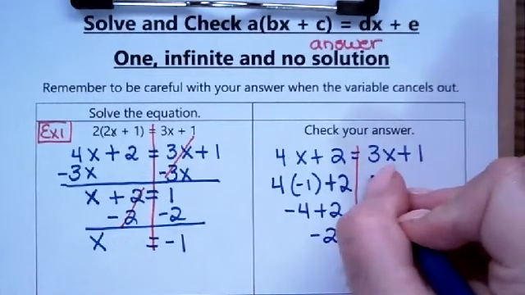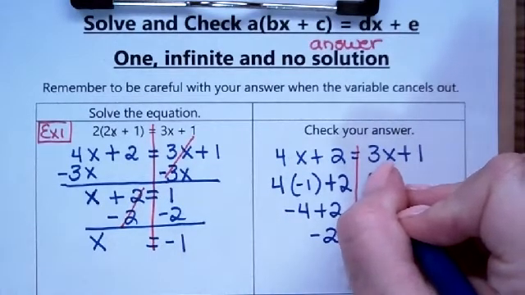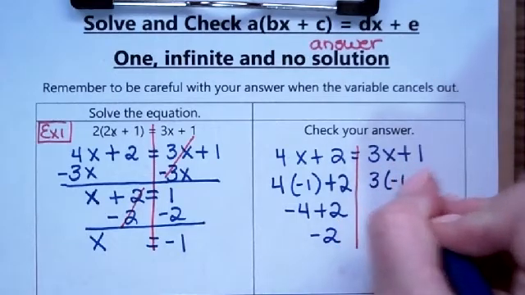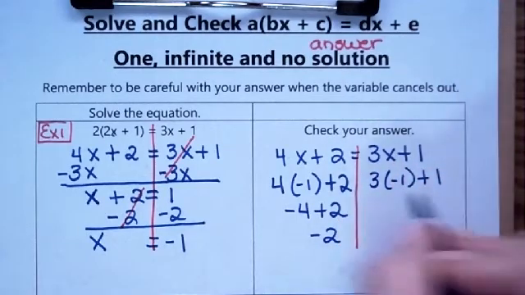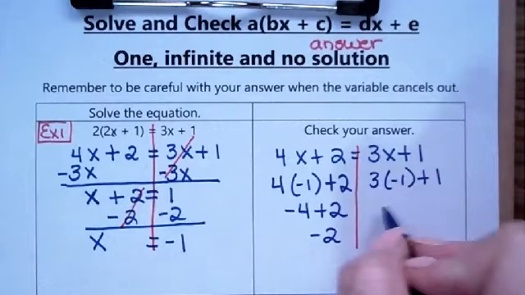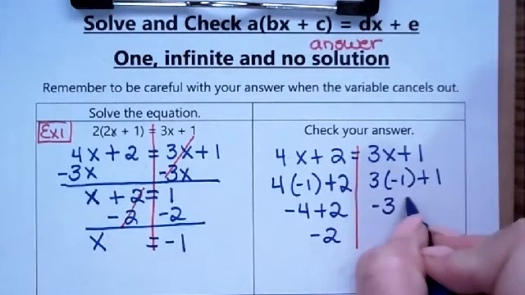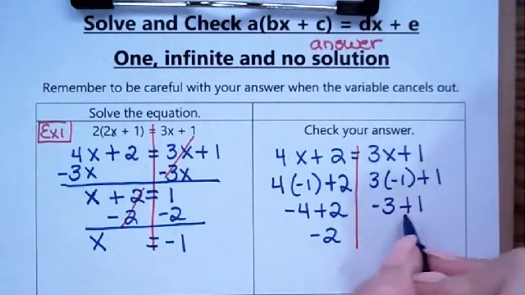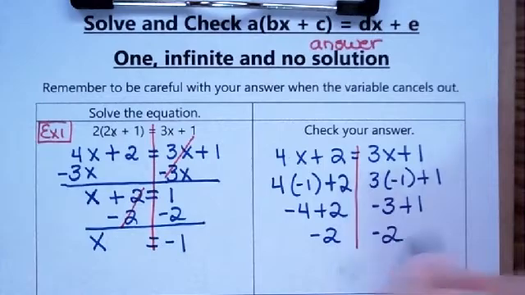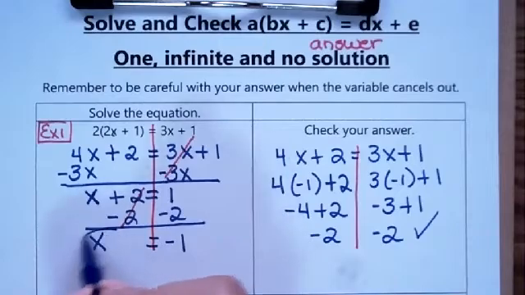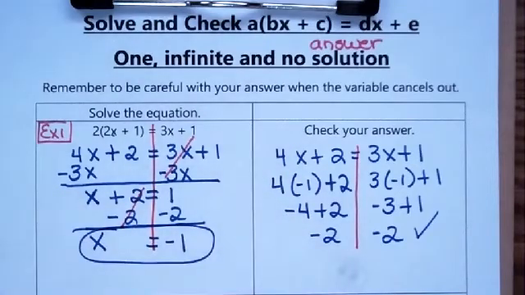Now on this side, I'm going to have 3 times -1 plus 1. 3 times -1 is -3, plus 1 is -2. I notice both sides of my river are equal, so it checks out, and I know this is my correct answer. Pause your video, and make sure you've got everything copied down correctly before you press play.